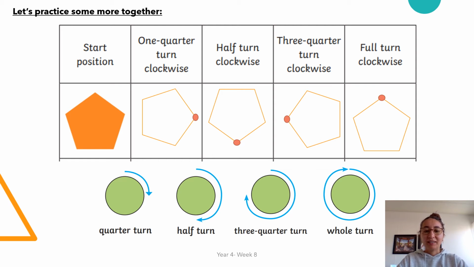Now we're going to practice. So I've again already put the answers there in case there is someone who can't see the video and is only using the PDF. I want you to focus on these circles down below. Think of a clock. Think of this being 12.